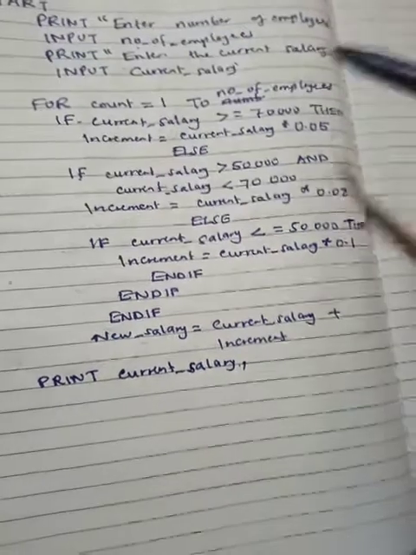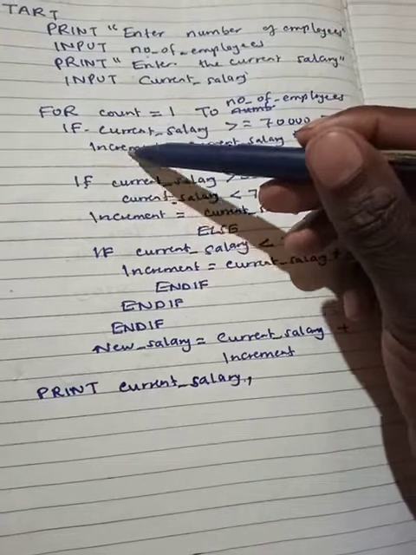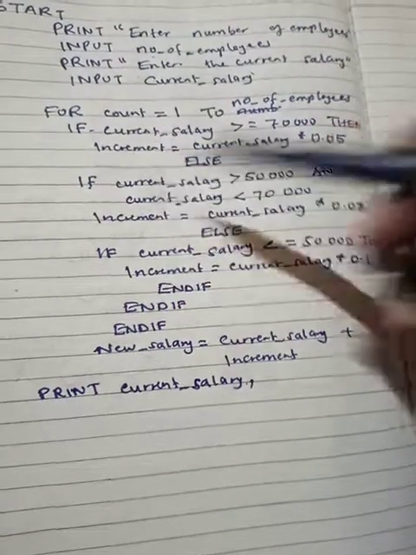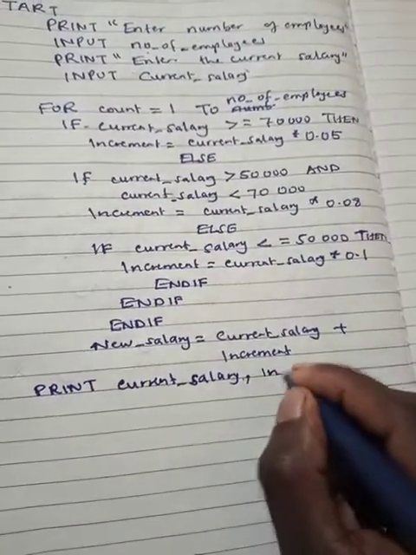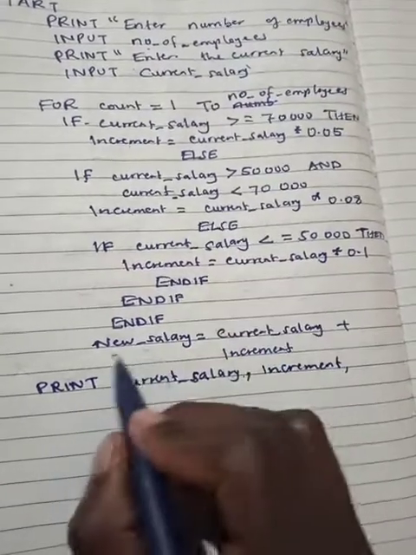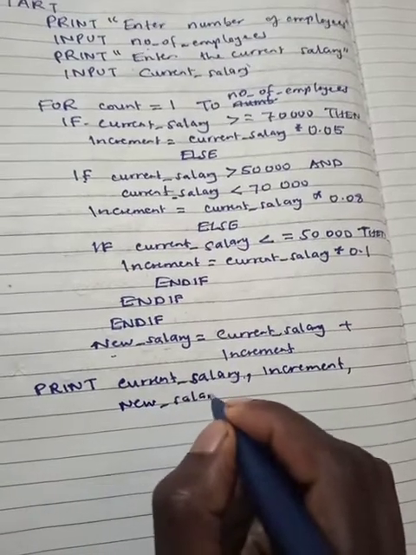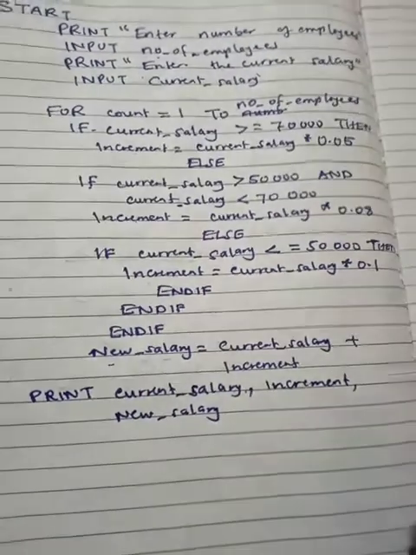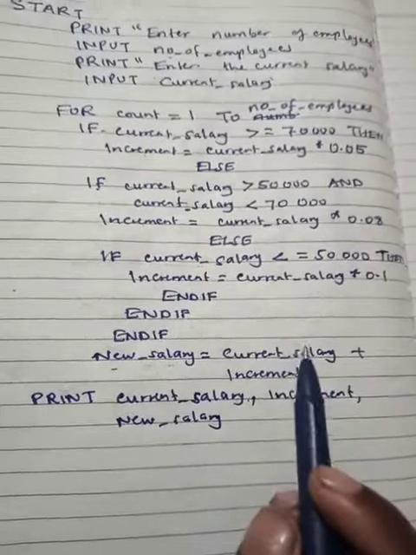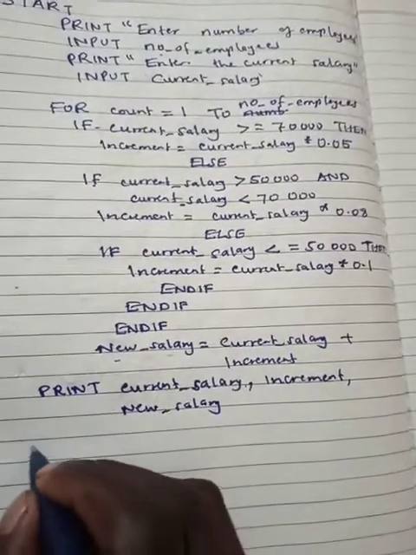The next thing that you're going also to display is the increment, these ones that we've been storing in these three variables. And lastly, we are going to display new salary, the one that we've stored in this variable. Then after that, we don't have anything else to give, so we can proceed toward the stoppage.